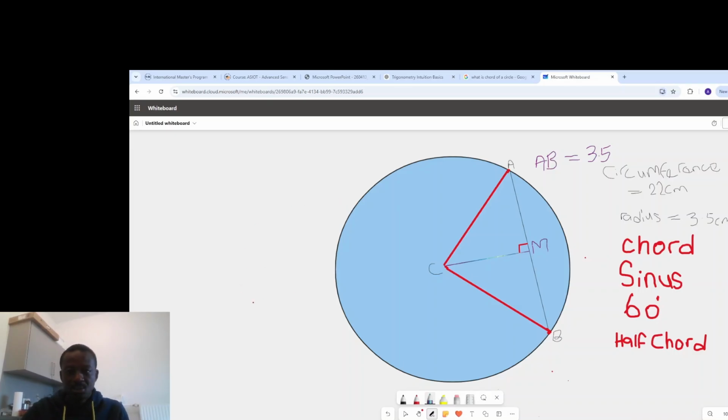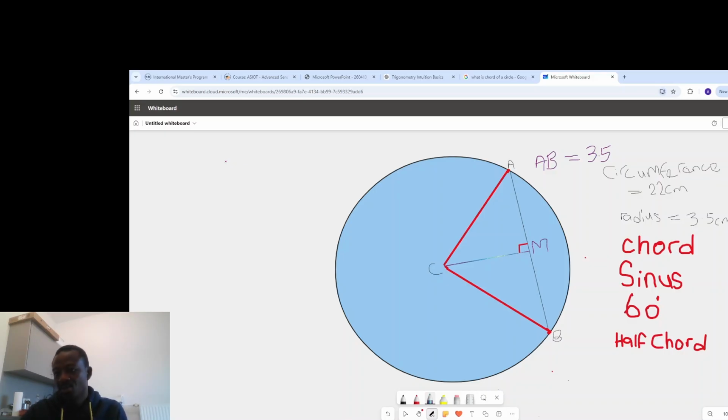Let's look at it. From A to B is 3.5, so half of this would be 1.75, and the half chord ratio is the ratio of the half chord to the radius, and our radius is 3.5. So we are going to have half of 3.5 divided by 3.5.